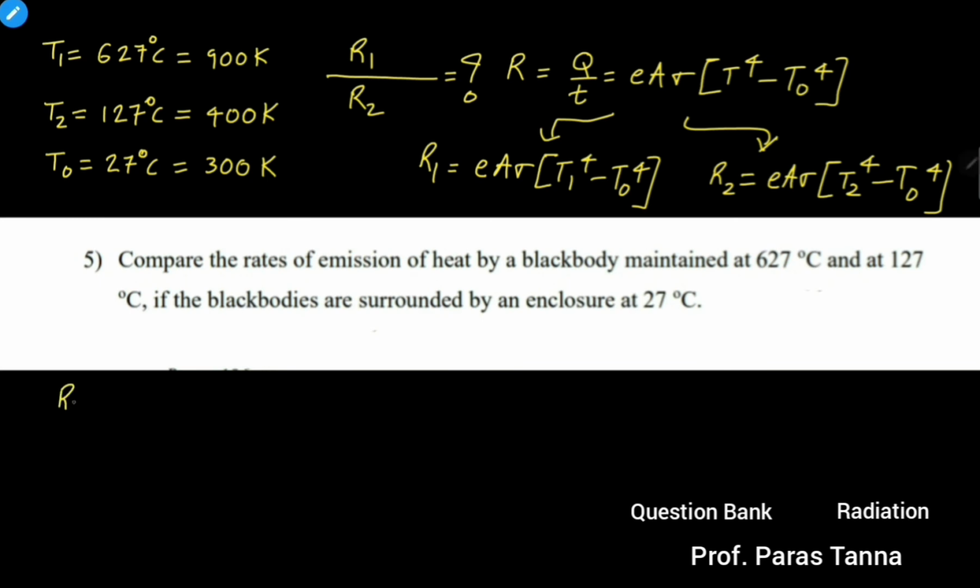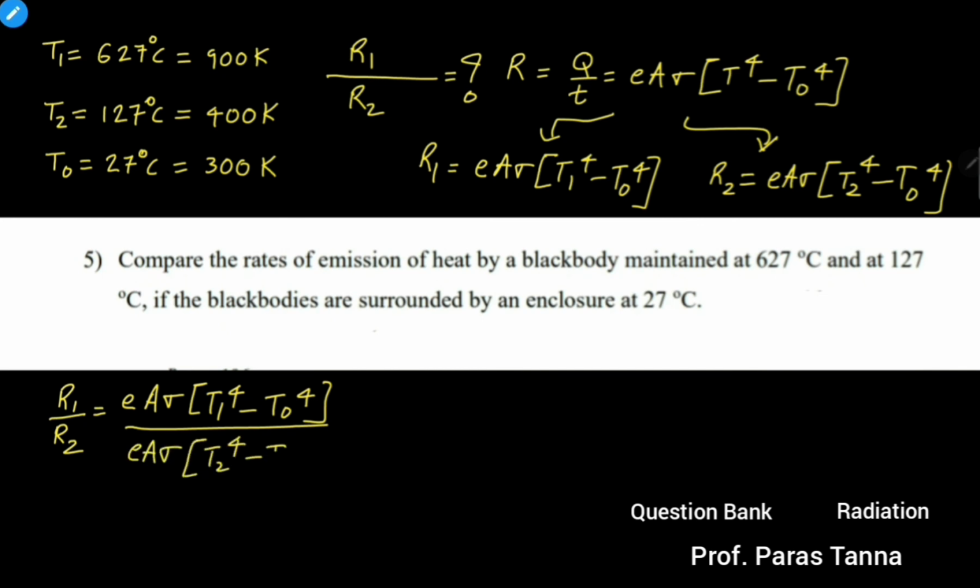So we can say like this, R1 divided by R2 is equal to E A sigma into T1 raised to 4 minus T naught raised to 4, the whole upon E A sigma, the whole into T2 raised to 4 minus T naught raised to 4.